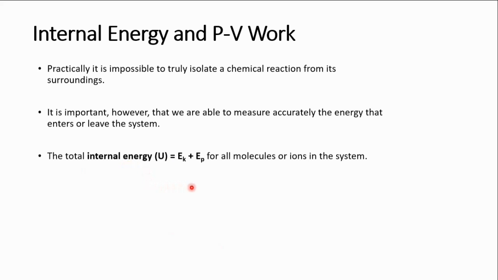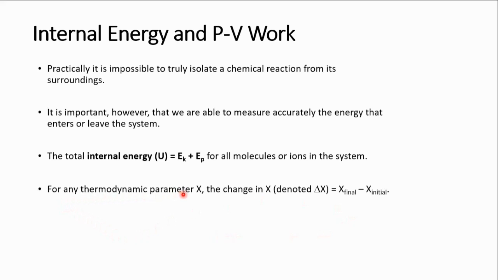And this energy can be divided into two forms: kinetic, EK, and potential energy, EP. Okay? And we call that energy, the total energy in a system, the internal energy of the system. Well, it makes sense. It's inside the system, so it's internal energy.